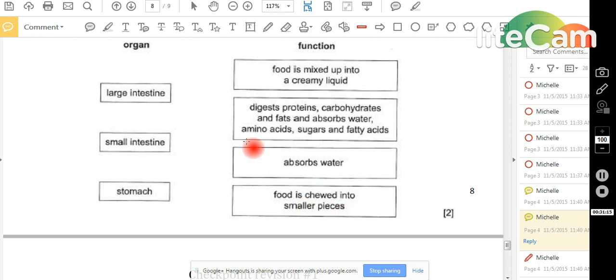Large intestine absorbs water. Well done. Small intestine. It digests your proteins, the second bar. Well done. Very good. Stomach. Food is mixed up into a creamy liquid.